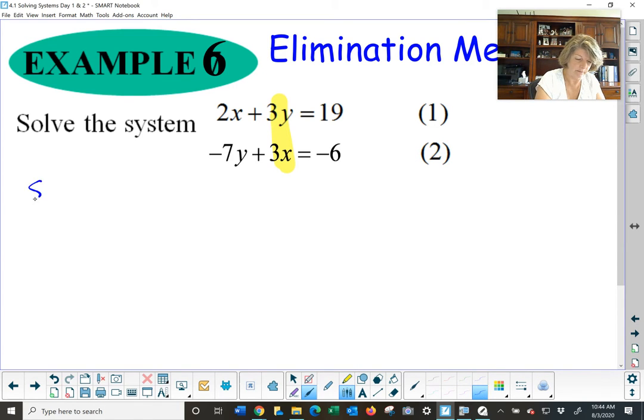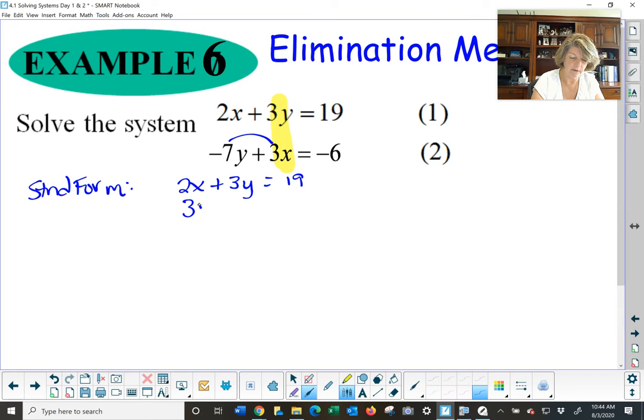Standard form is going to be our first order of business. I like x's to lead me off, so I'm going to put 2x plus 3y equals 19, and then I'm going to flip-flop the order here. 3x minus 7y equals -6.